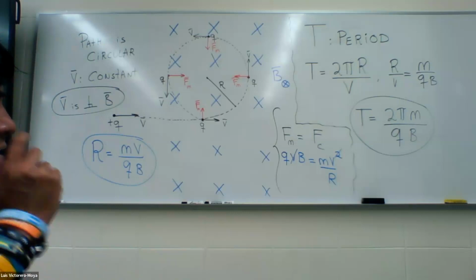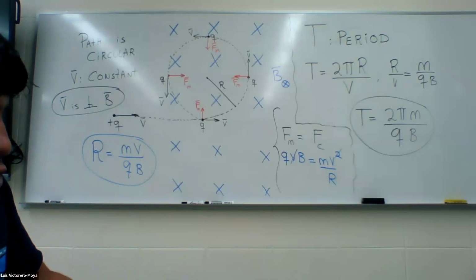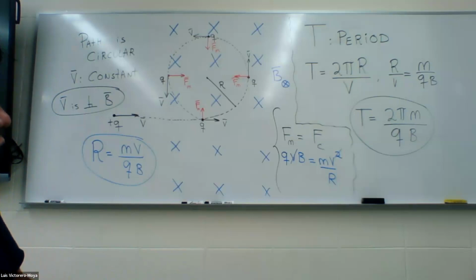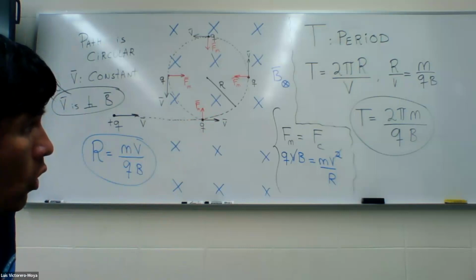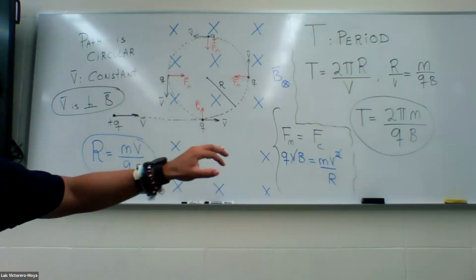All right. Now, keep in mind a few things though. We have defined magnetic force in most of the equations and applications by using the magnetic field. And by the way, in all of these applications, the magnetic field is uniform.